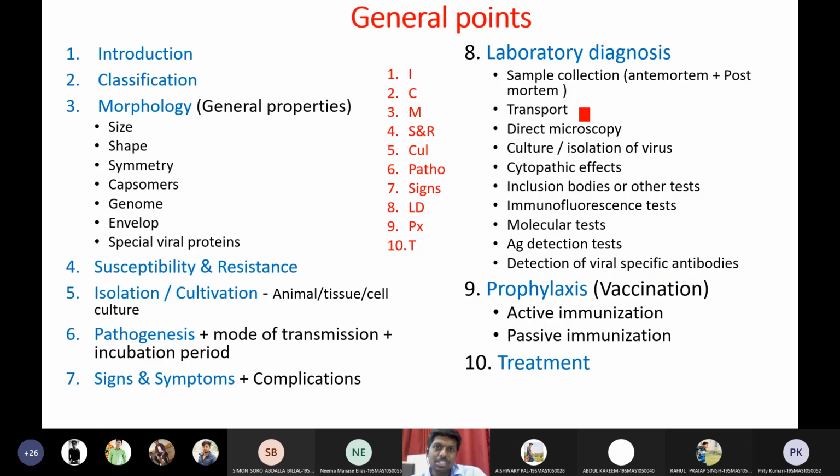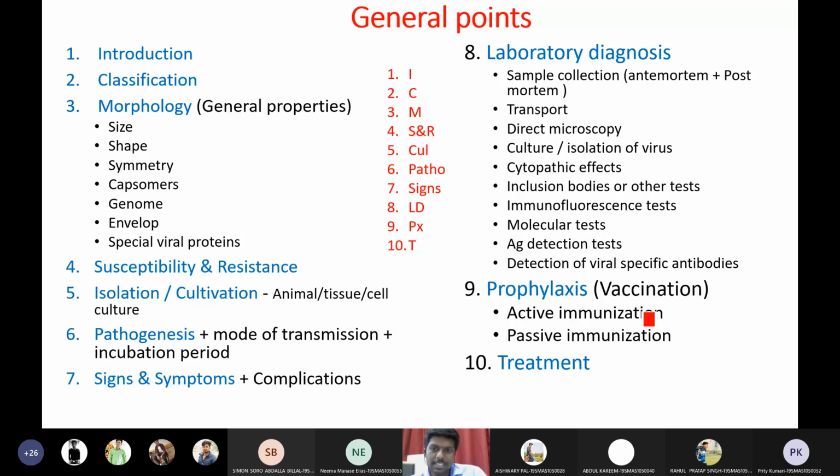You will write all these things in the lab diagnosis.